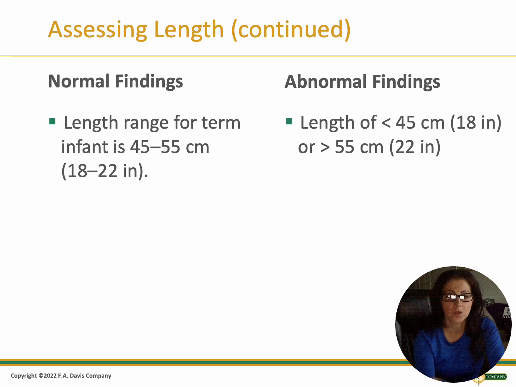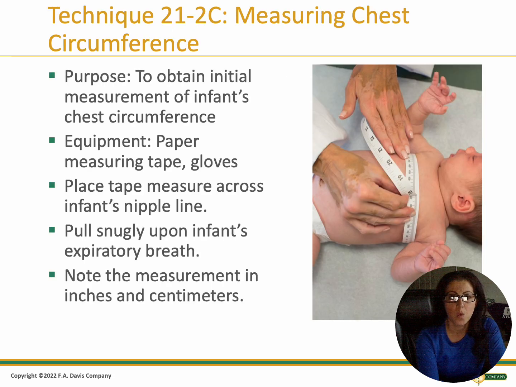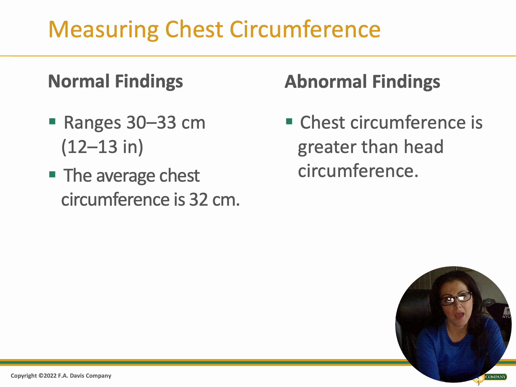And you also want to take a look at the parents. Sometimes infants can be on the 18 inches. Are the parents on the shorter side, or are they on the taller side? We'll also be measuring chest circumference at the nipple line. And a normal chest circumference is between 30 to 33 centimeters.